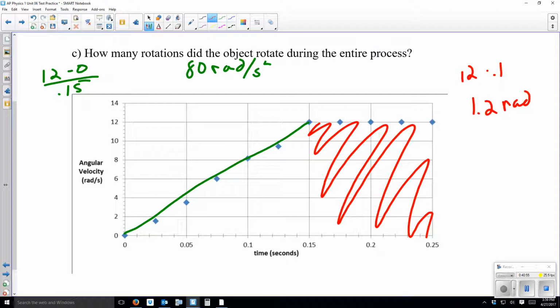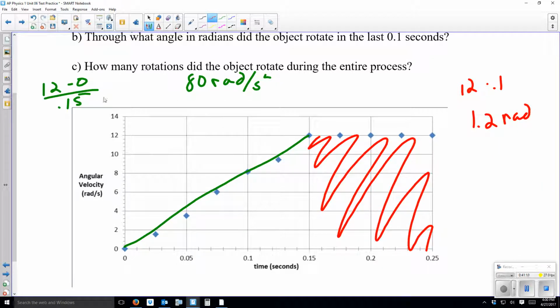And my projector just turned off, so I'll just talk about this last one. I don't feel like turning it all the way back on. It says, how many rotations did it rotate during the entire process? Well, in this case, I would take the integral of all of this. So I would then take this integral, do 1/2 the base times the height. So that should be 0.15.